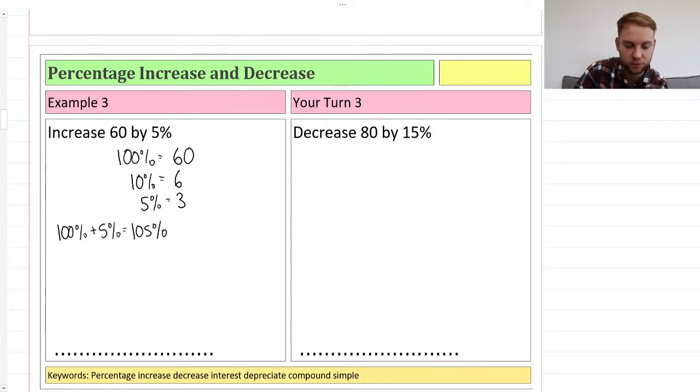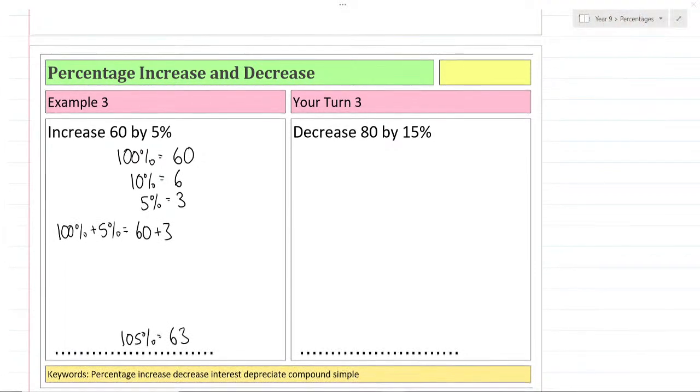So 100% is 60, plus the 5%, which is 3. So an increase of 5% gives you 105%, which is equal to 63. Alright, have a little go at that one on the right hand side.